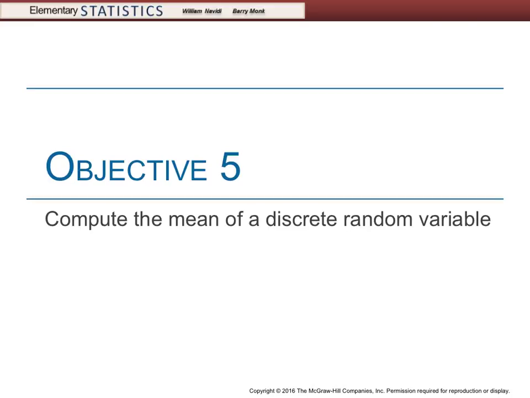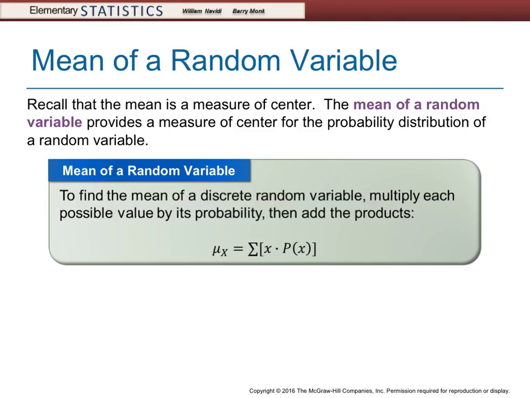So objective 5 is to compute the mean of a discrete random variable. You will recall that the mean is the measure of center. The mean of a random variable provides a measure of center for the probability distribution of a random variable. So we can now do a new formula for finding the mean value of a probability distribution.